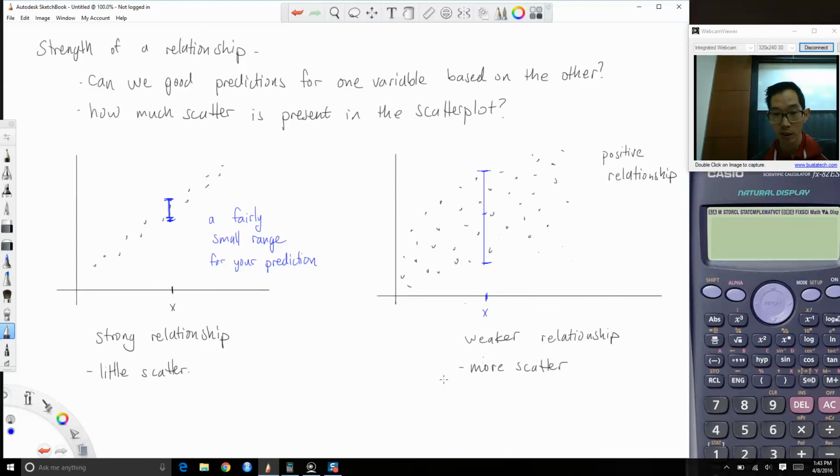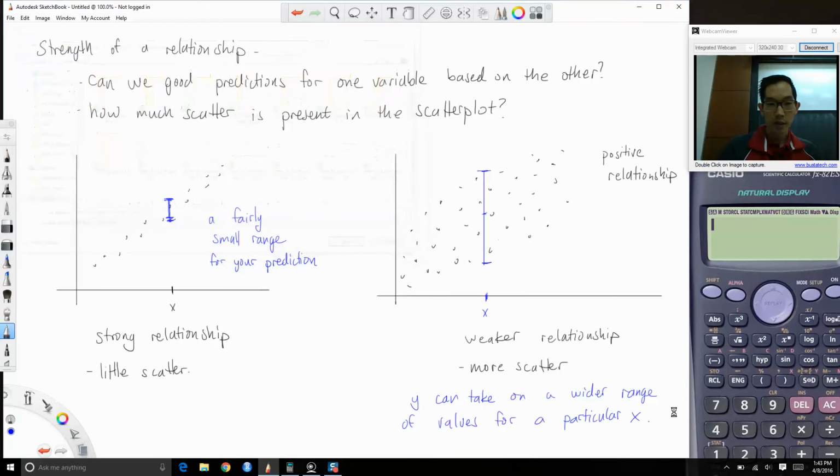Okay, so y can take on a wider range of values for a particular x.